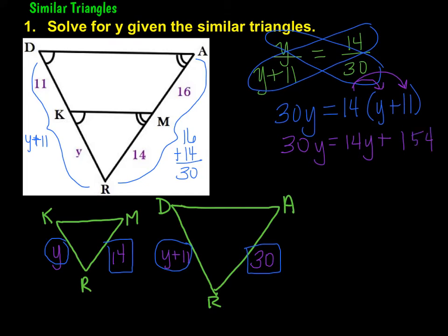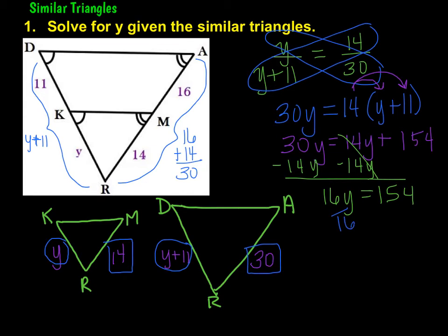Okay, next we want to get our variables to one side, so I'm going to go ahead and subtract 14y from both sides. This will cancel. We end up with 16y, 30 minus 14, equals 154. Now I need to divide by 16 on both sides.